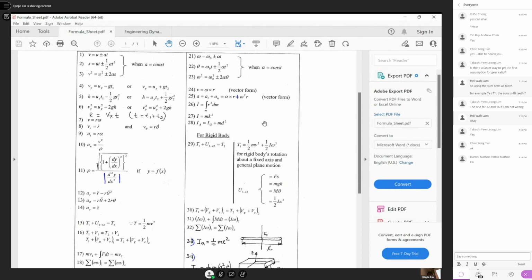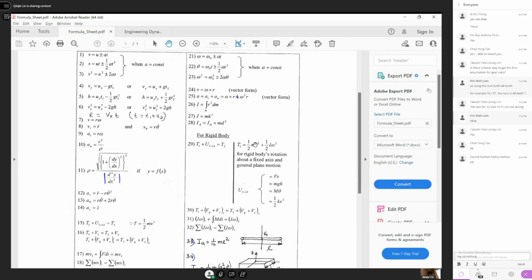Then 29 is now for rigid body. The energy equation, of course, will be the same. T plus work done must equal the T later. But now because it is a rigid body, what's the difference between rigid body and particle? The only difference is a rigid body can also rotate. So now the kinetic energy will have both components.